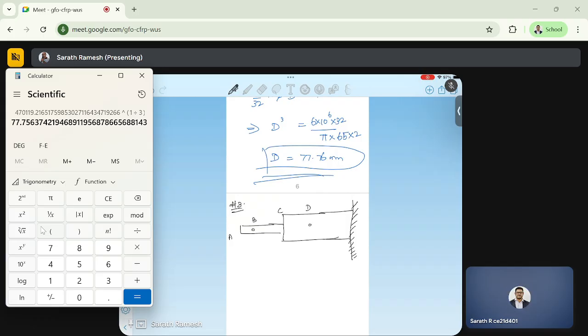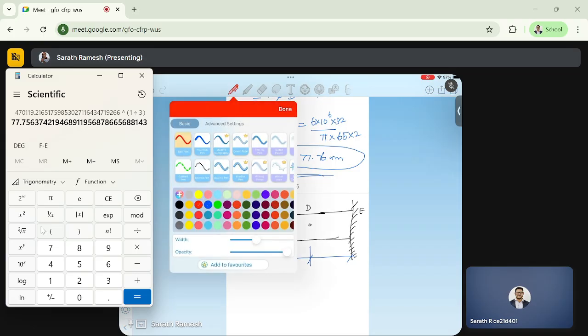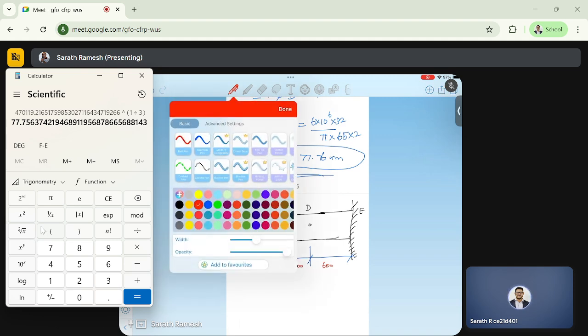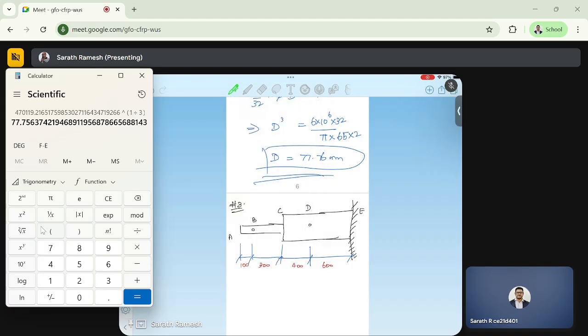B, C, D, E. This is 100. This is 300 mm length, 400 mm length, 600 mm length. There is a twisting moment, external torque applied.